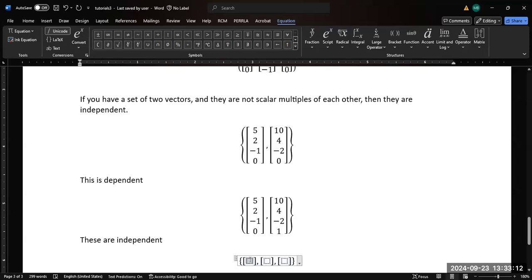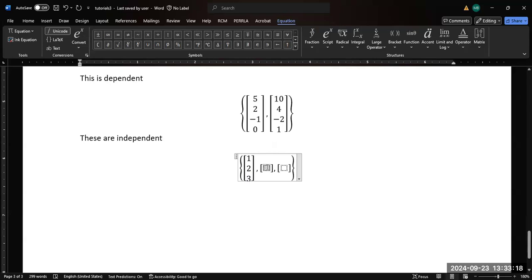So let's say I have 1, 2, 3, and I've got 2, -1, 1, and then I add the 2 vectors together to get 3, 1, 4.